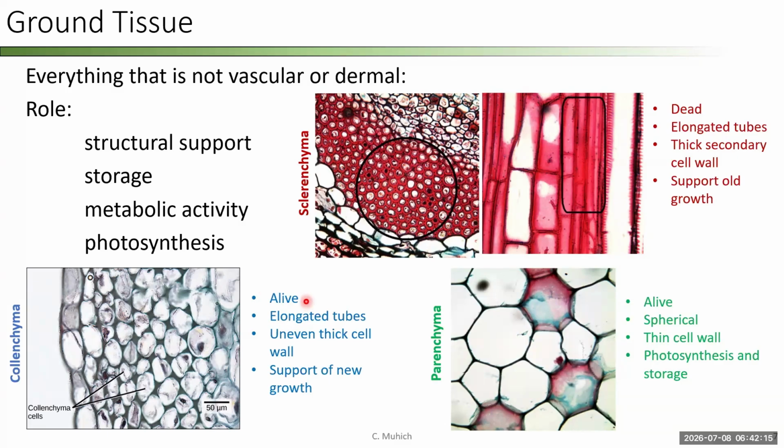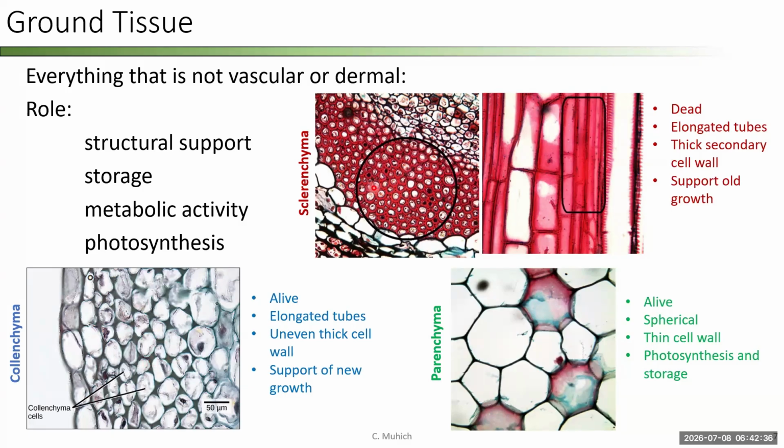These cells are alive. They form elongated tubes, and they have, as you can see, sort of uneven and relatively thick cell walls. And so as the plant grows, as there's new growth, we start out with these collenchyma cells.